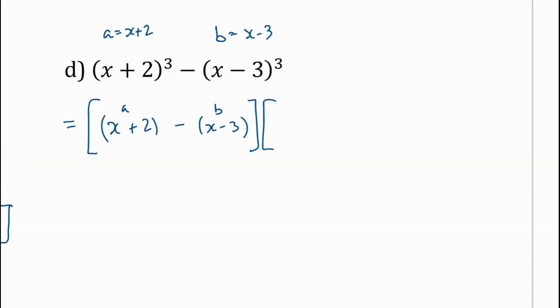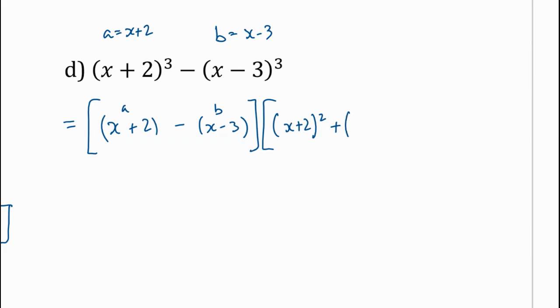Then the formula says it's A squared. So x plus 2 all squared. Flip the sign. Compare that to the first two questions that we did, where the first bracket was plus and the second bracket had a negative in the middle term. And this one's got a minus and then a positive in the middle term.